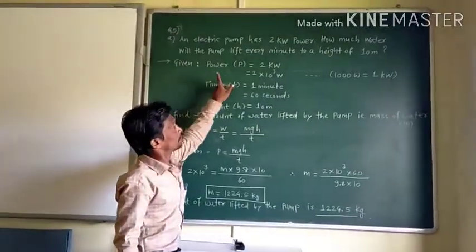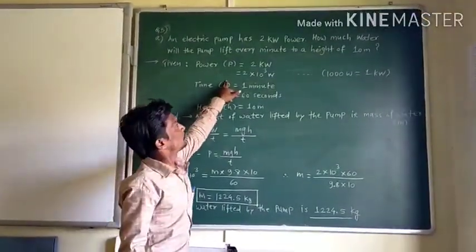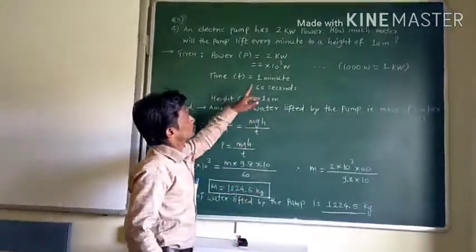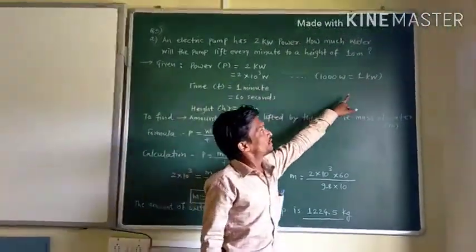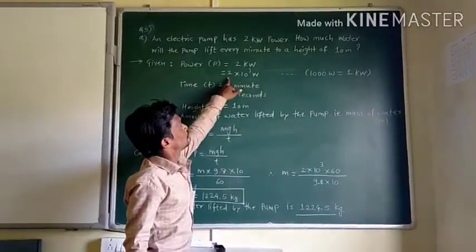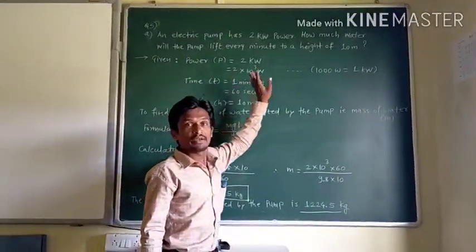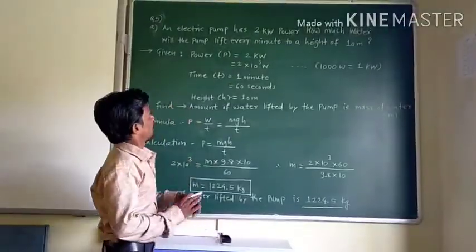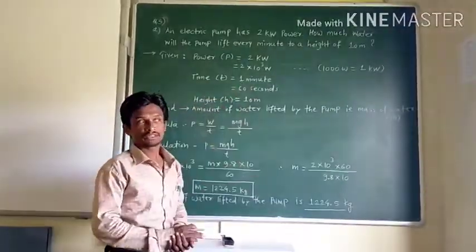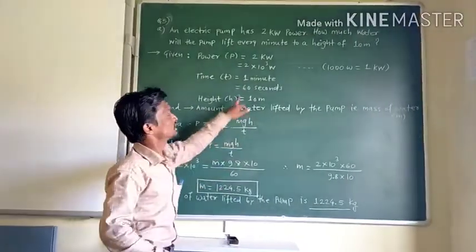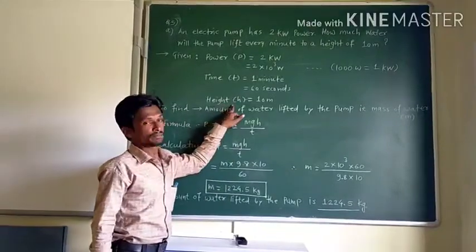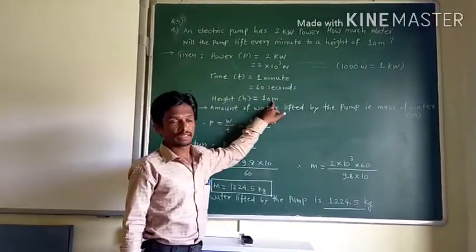Given data, power P is equal to 2 kilowatt. 1000 watt is equal to 1 kilowatt, so 2 kilowatt is equal to 2 into 10 raised to 3 watt. Time T is equal to 1 minute, which means 60 seconds. Then they gave the height, that is 10 meters.